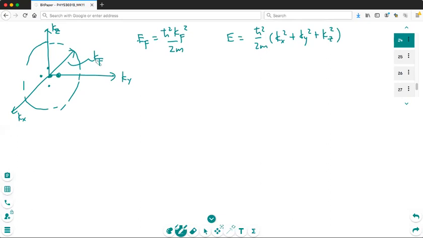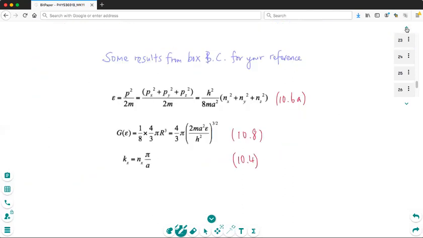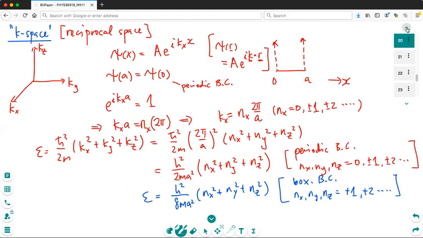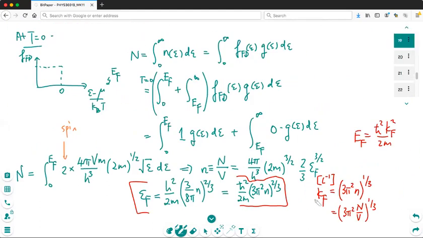Now I want to show you another way to get the same result. Let's have a look at this expression. This k_F, which I quoted earlier, I want to do a little bit differently. How do I get the same k_F result? This k_F is (3 pi squared N over V) raised to the power of 1/3.